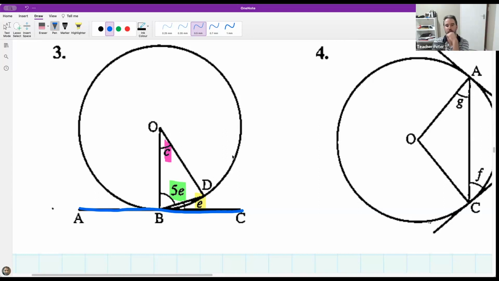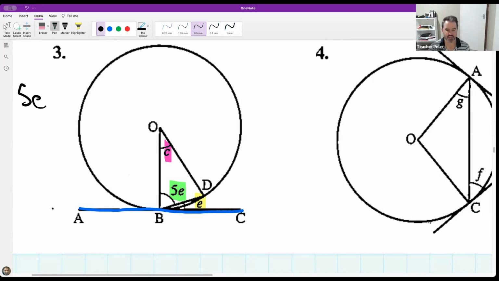What would I go for first? What's my first step? So the 5e, yep, I like the 5e. What would I combine it with?